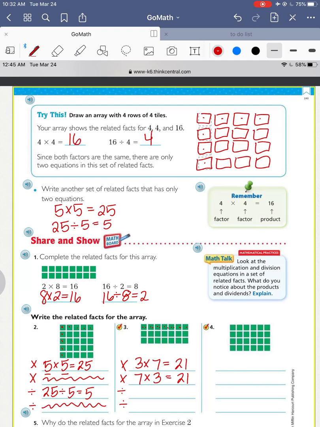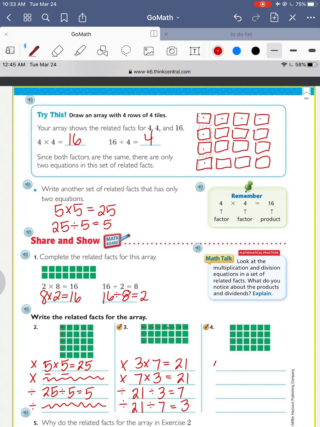Then take the product and put it as the divisor. 21 split into 3 rows is 7. And then we can do the opposite of that. 21 divided by 7 rows would be 3 in each row.